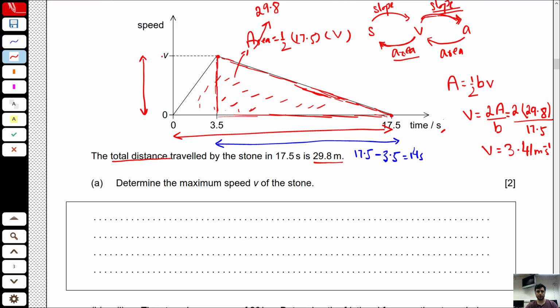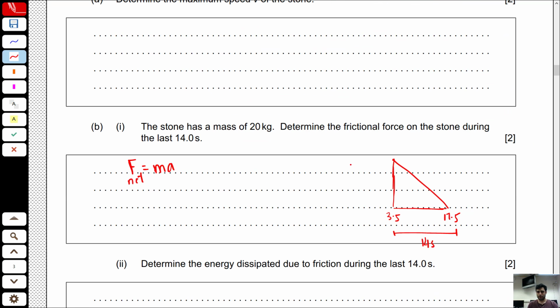So the rise of the gradient is 3.41. So let's find the slope. The slope is given by rise over run. So the rise achieved is 3.41, equivalent to the maximum velocity, and the run is 14 seconds.